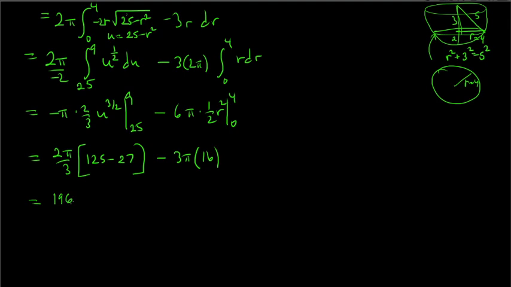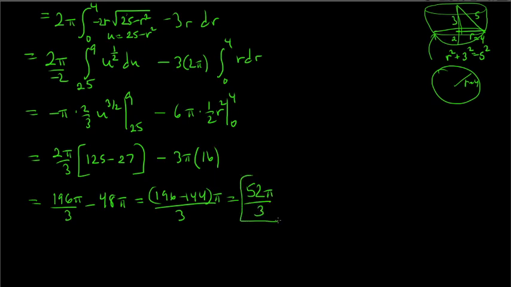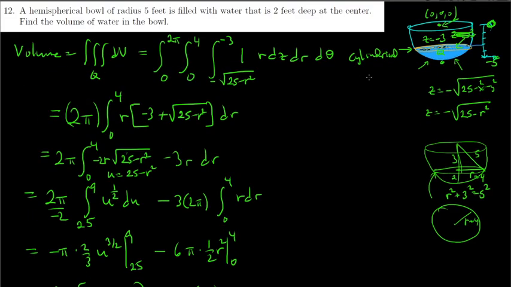Yep. So 196 pi over 3. Right. Minus 48 pi. And 48 times 3 is 144. So 196 minus 144 is 52. So 52 pi over 3. Okay. So that's the volume.